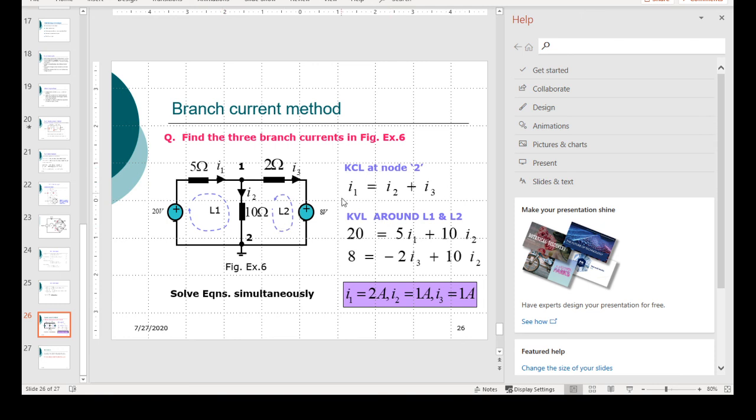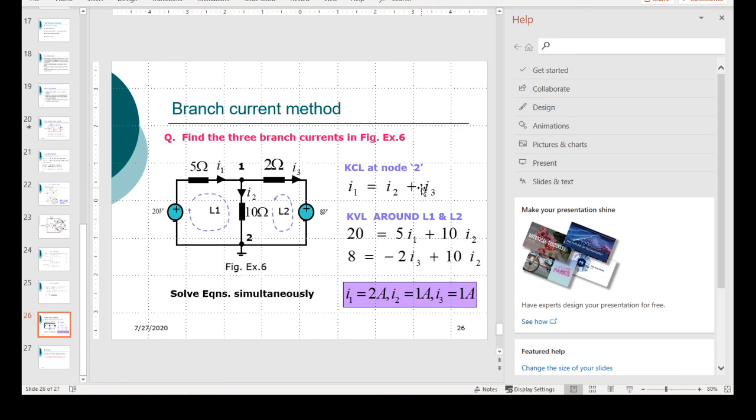So you can see here I've got this branch current equation. That's a KCL at node 1. And then these are the two equations here. This is just KVL equations in that loop and that loop.